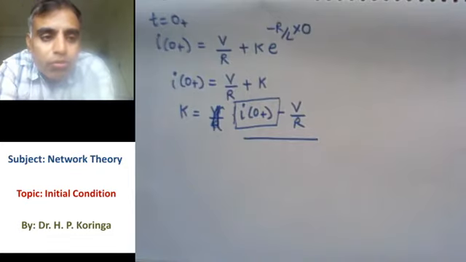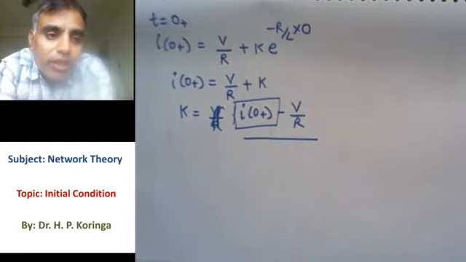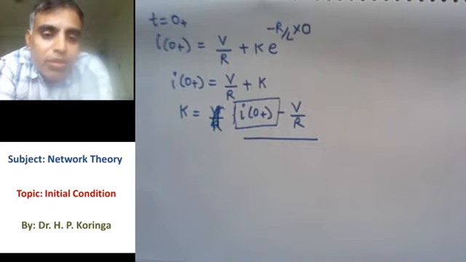So before solving the RL or RC or RLC circuit, we should know how to find the initial value for the RL or RC or RLC network. How to find the initial value? This initial value is not given in a network; it is given in a problem in mathematics. With the differential equation, the initial value is given, but in network theory problems, only the network is given.